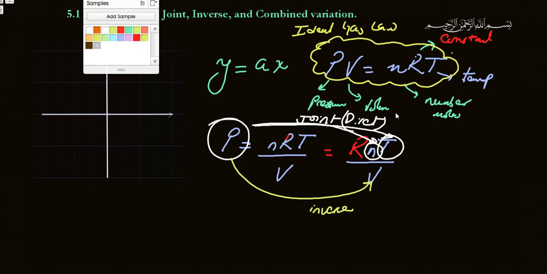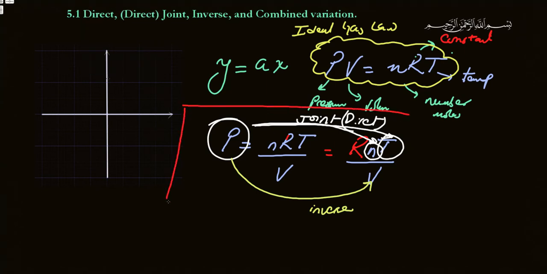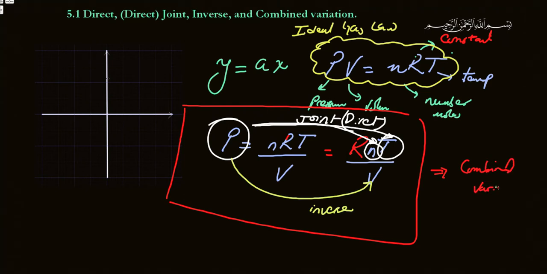And the whole equation, all of this, these two, jointly direct relation, inverse relation, this is an example of a combined variation. Okay, now combined variations, relationships.